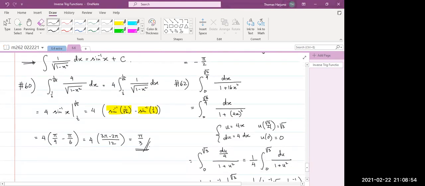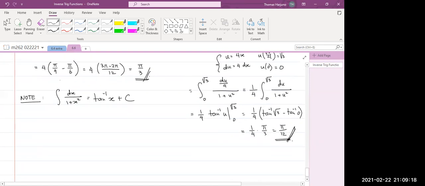Okay. Now, side note. Notice that the integral of dx over 1 plus x squared is equal to tangent inverse x plus constant, right? Now, I wonder if you remember what I did on Wednesday. If I replace that x by mx, in this case 4x, what will that be?